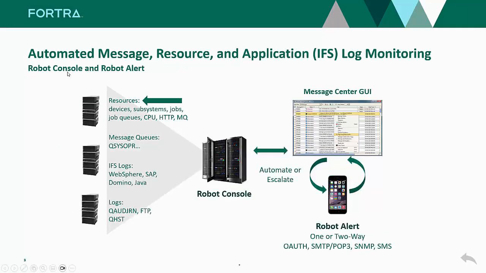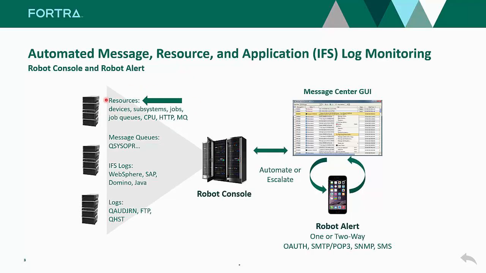However, also built into this tool is the ability to monitor what we call resources or system resources. Jobs, job queues, subsystems, out queues, IBM MQ, and so forth. So what Robot Console can do over and above the message automation and escalation is it can iteratively monitor these resources.